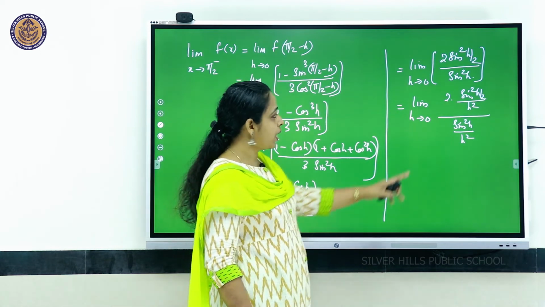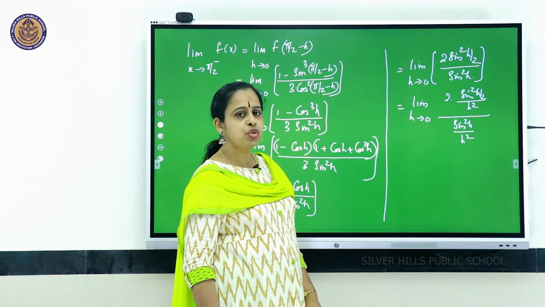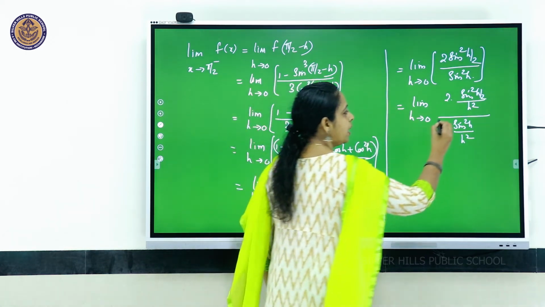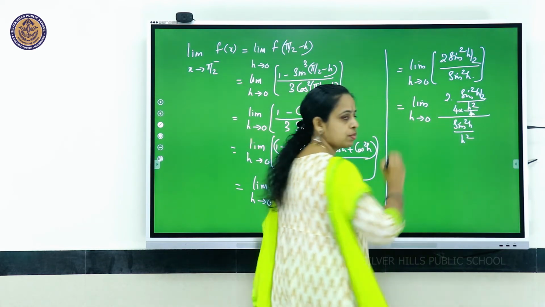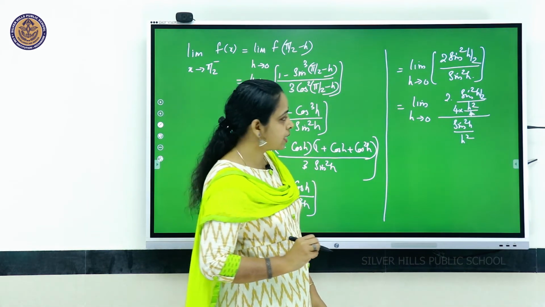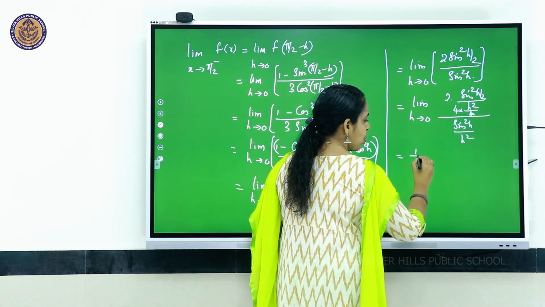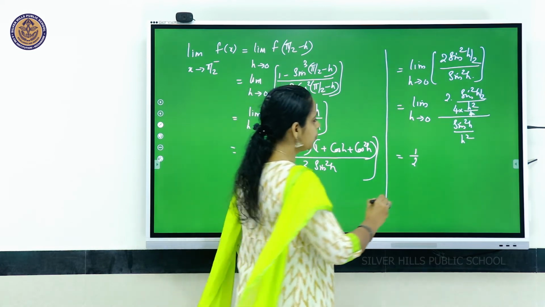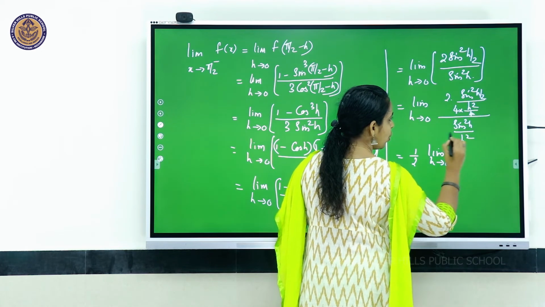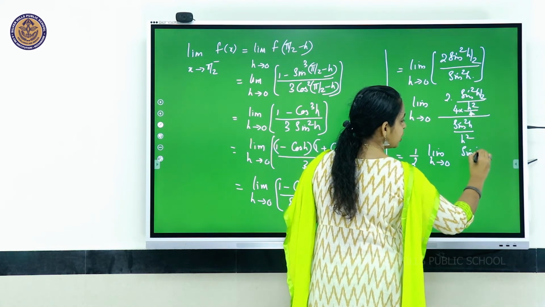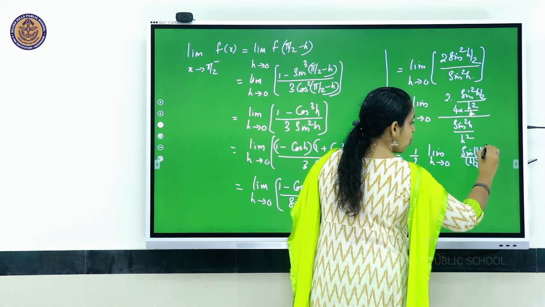Here we can apply the limit if it was (h by 2) whole square. (h by 2) whole square means h square by 4. Let me divide by 4, multiply by 4 to balance. So, taking this 2 by 4 outside, it will become 1 by 2. Limit h tending to 0, (sin h by 2 by h by 2) whole square.